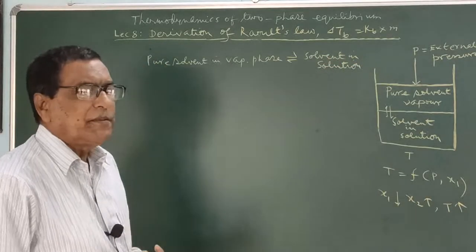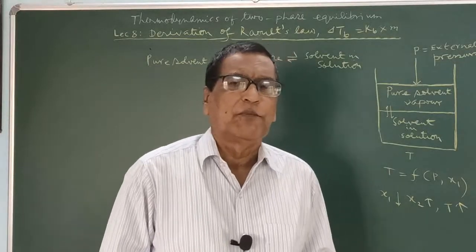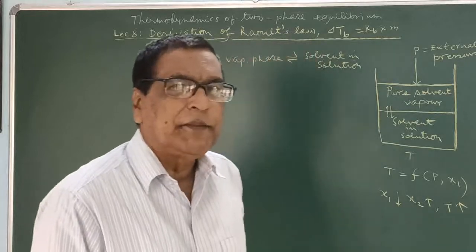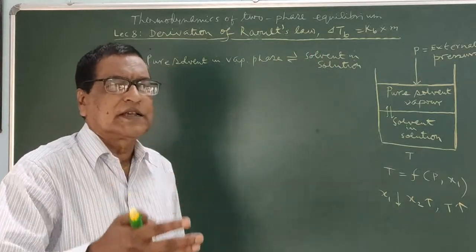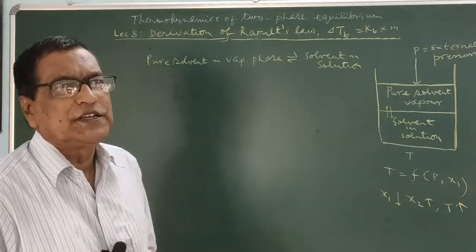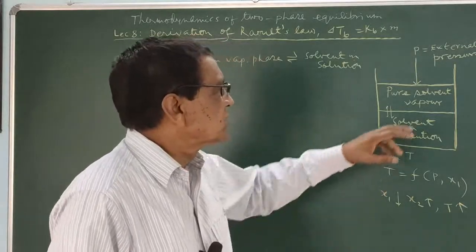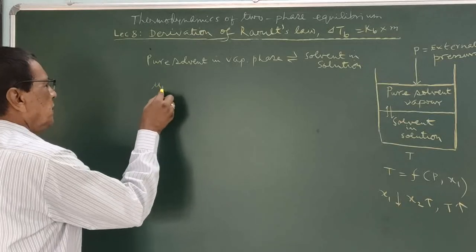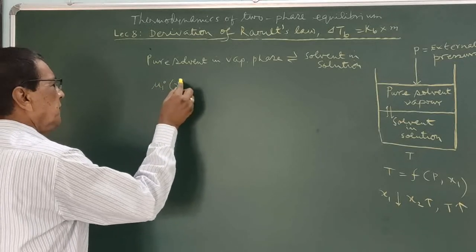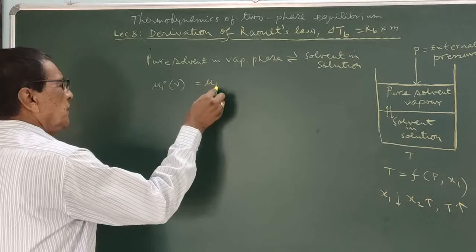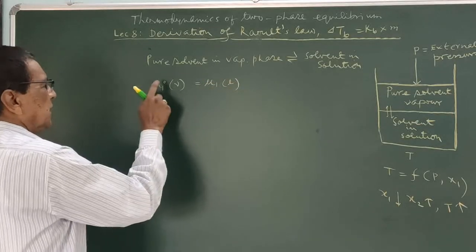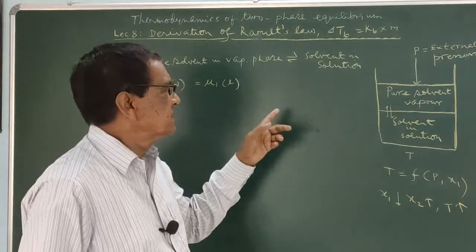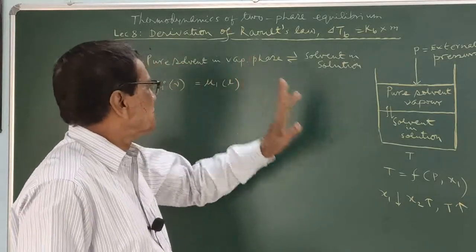So the thermodynamic condition for this equilibrium: whenever a substance remains in two phases at equilibrium, the chemical potential of that substance in the two phases becomes equal under constant temperature and pressure. So actually it will be mu1 naught V equal to mu1 L. A superscript naught has been given for the solvent in vapor phase as it is in pure state.